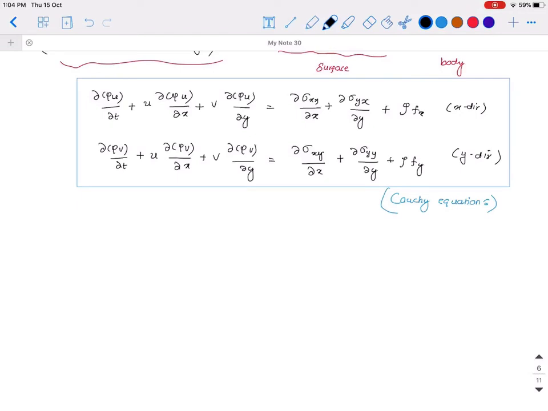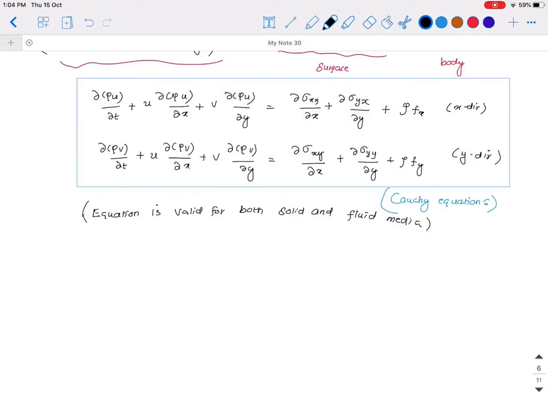Okay, so this equation is valid for both solid and fluid media. Because until now we have not used anything relevant to fluid in this equation. It is just conservation of momentum written in Eulerian description.